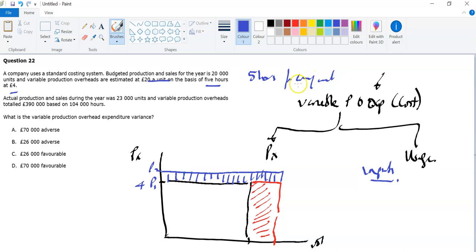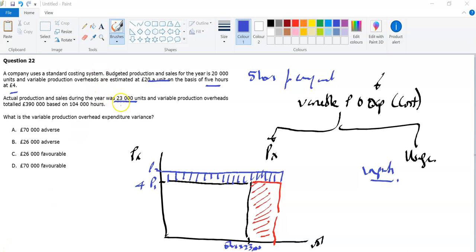So therefore, if you were making 23,000 units, I would expect you to use 5 hours times 23,000 units. Right, yes, here we are.